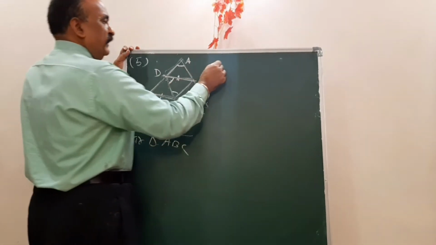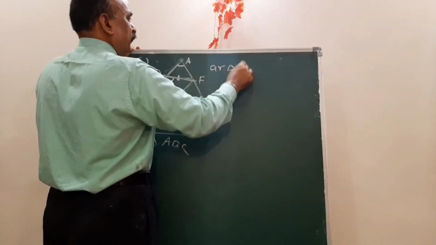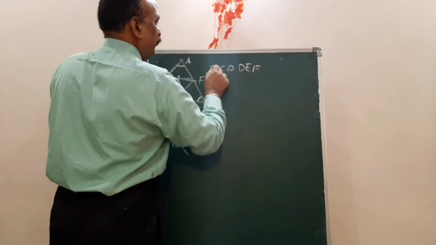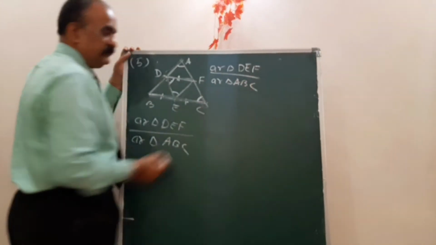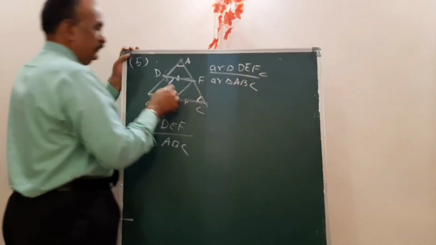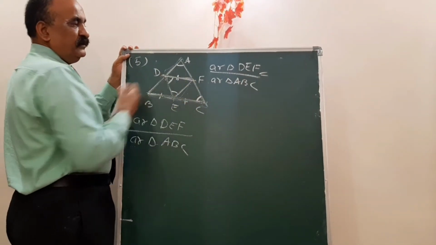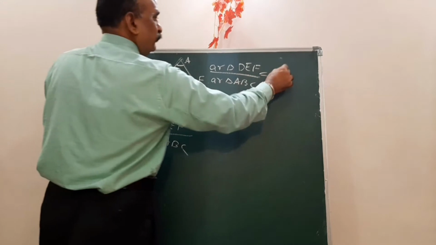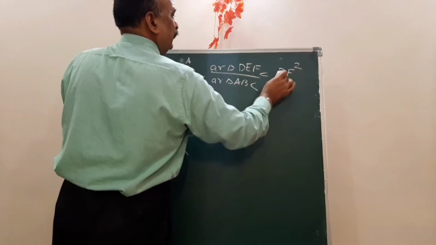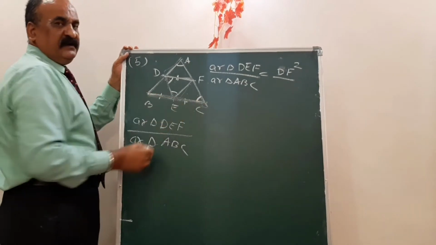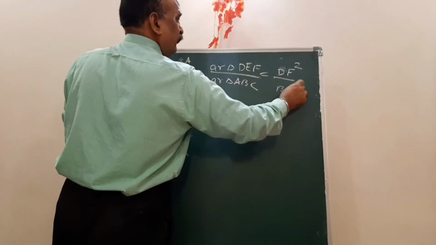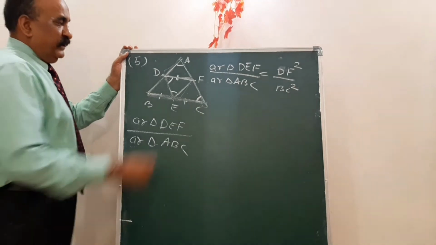It means area of triangle DEF upon area of triangle ABC is equal to, this side is DF square upon this side BC square.